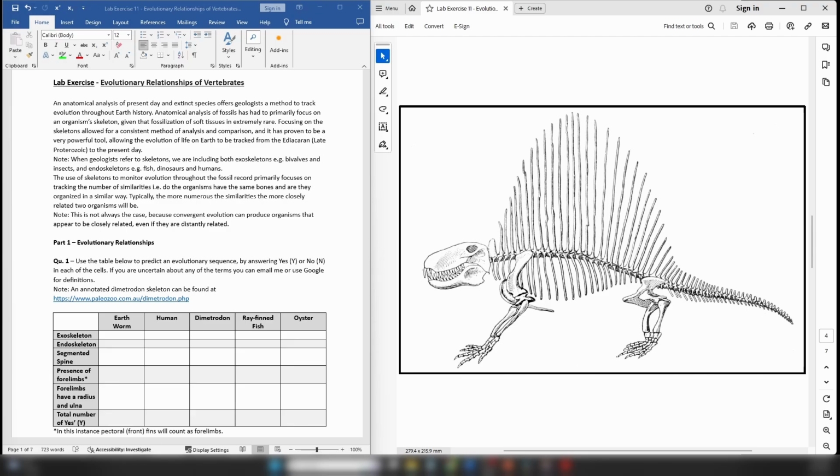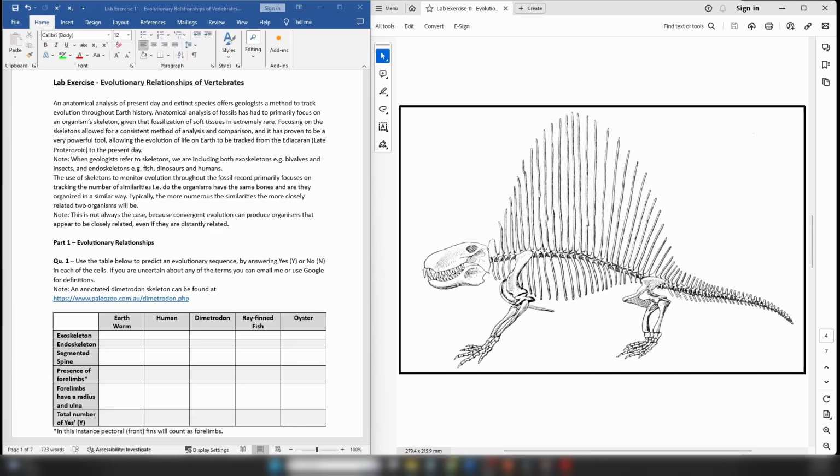Now, there is a slight caveat to that, which is that convergent evolution will result in the same body morphology forming for organisms that come from completely different lineages. So if you remember, the basic idea is for each environment, there's going to be a preferred design.